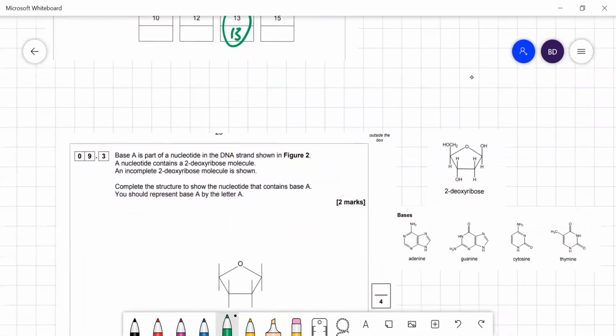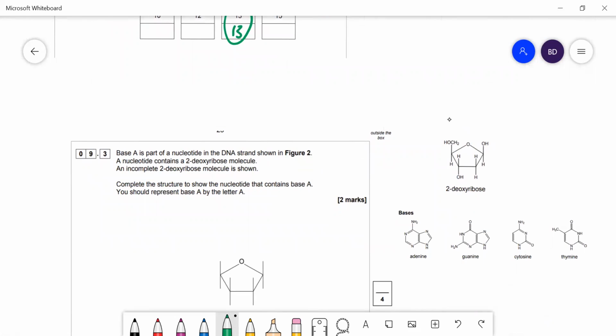Okay, right, base A. Now these little bits here, I've just snipped out of the data sheet that you get. So you get all of these. So there's the bases A, G, C, T, and that is deoxyribose, the sugar. Base A is a nucleotide. A nucleotide contains a 2-deoxyribose molecule, and it's always got the base, and you need to know the base is always attached. So if you customize your sheet, the base is always attached with those ends there.